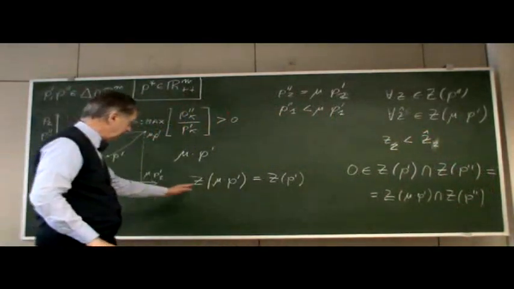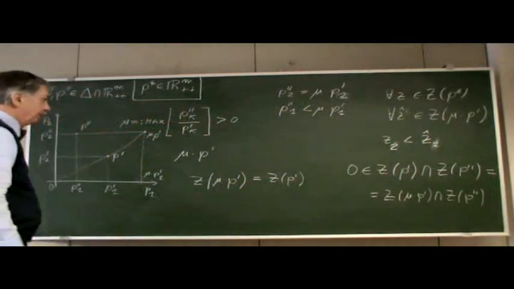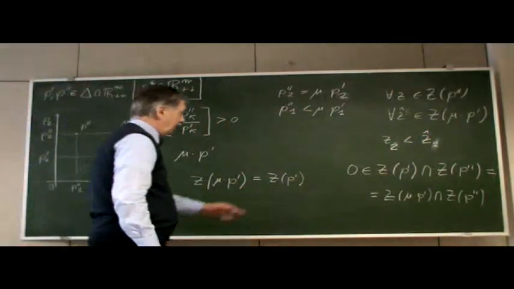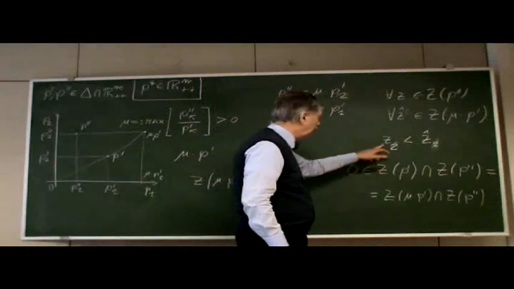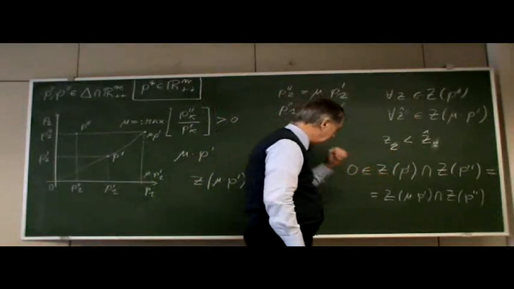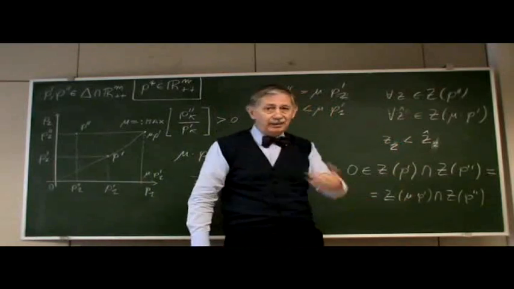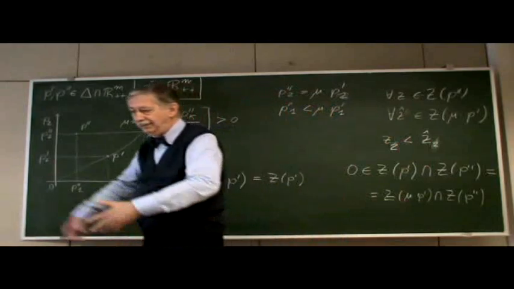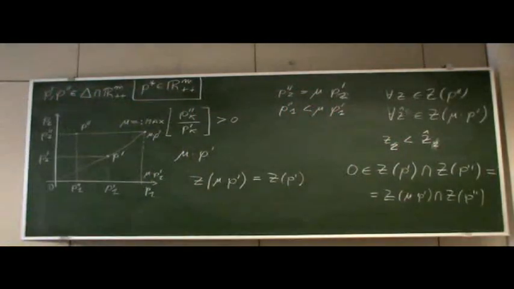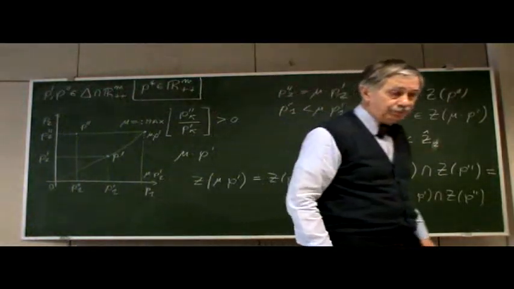But clearly this is impossible, because this would mean that the zero excess demand vector in equilibrium must be lesser than itself, and this is impossible. Contradiction, and therefore the theorem is proved.